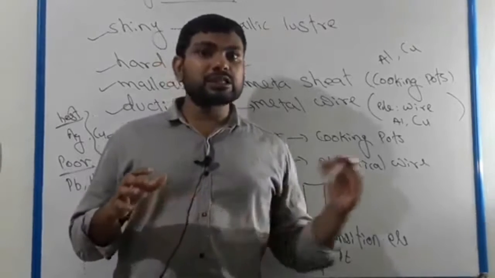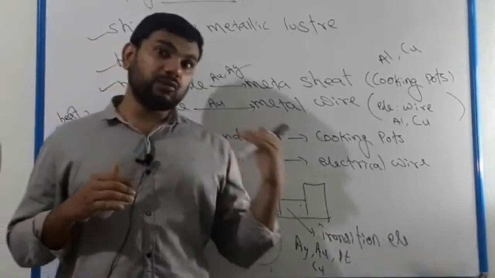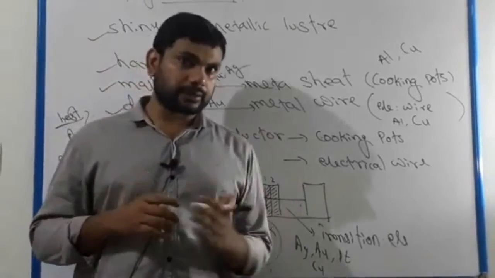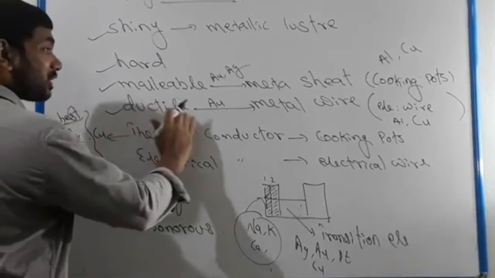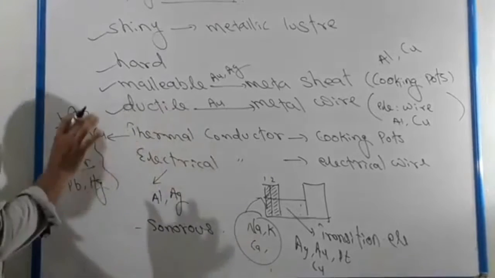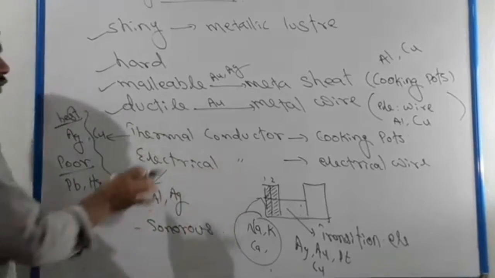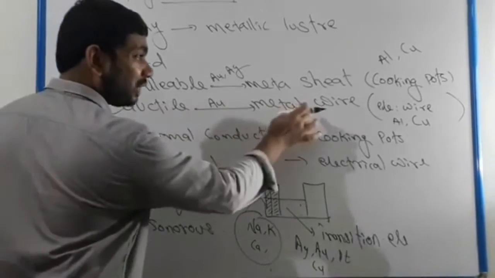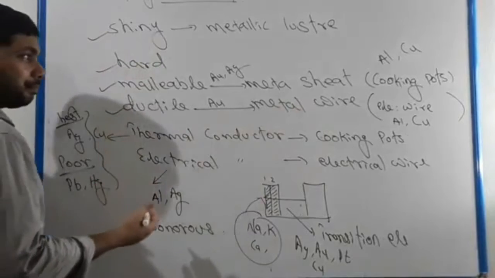These pictures show we can convert metal into thin metallic wire. This property of metals is called ductile. Metals are ductile, meaning we can convert metals into thin wire. That is called ductile.